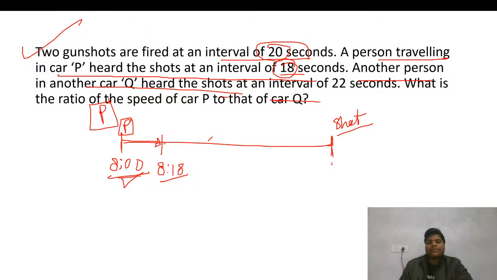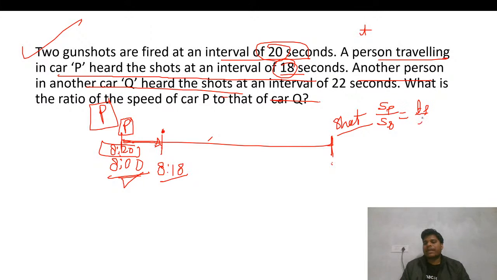Now if you see this, the sound will again reach here at the same time, difference of 20. So 20 seconds, 8:20, and SAM has taken 18 seconds to travel this distance. So this distance is same. Now the speed ratio of sound and P, distance is same, so that will be the reverse of time.